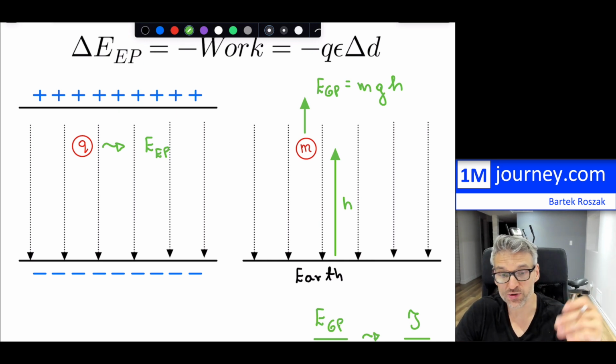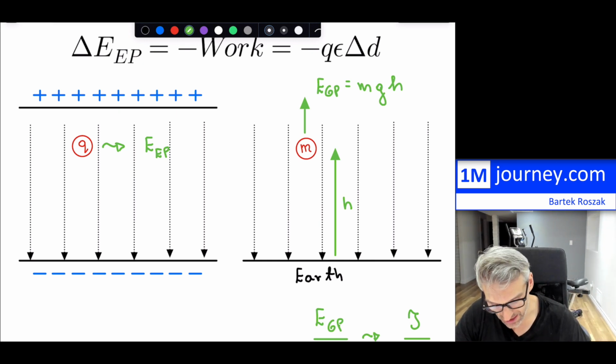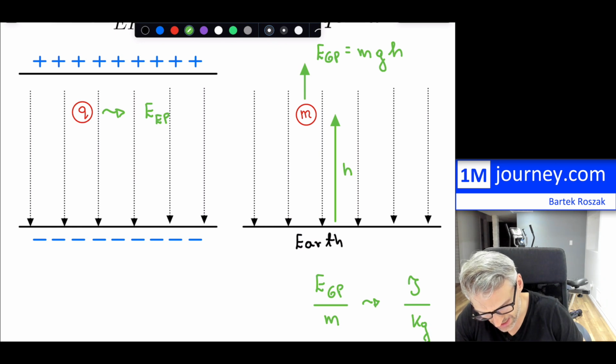Now, if you wanted to do exactly the same thing and say, oh, but what if instead I didn't want to know how much energy that particular charge had? I wanted to know what it was per unit charge.